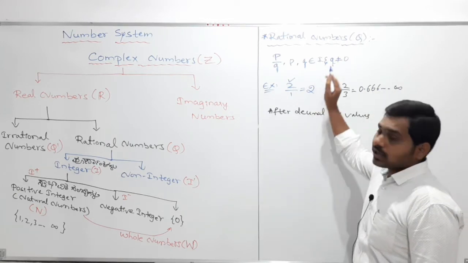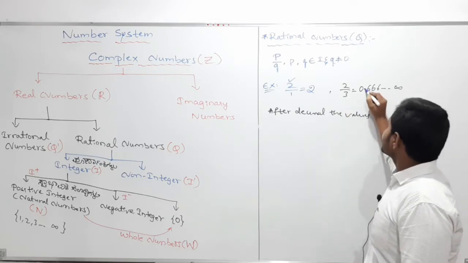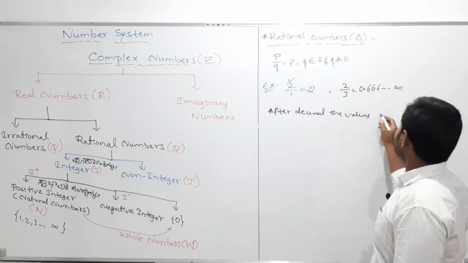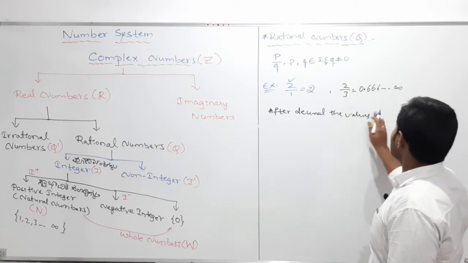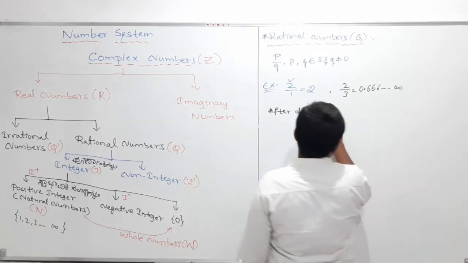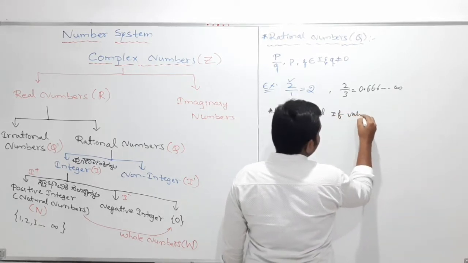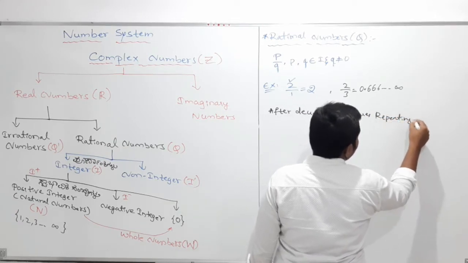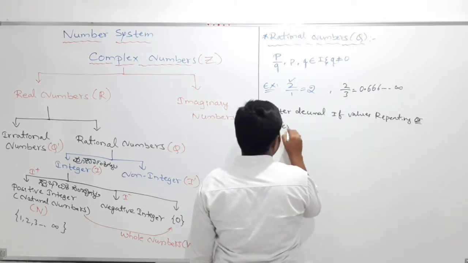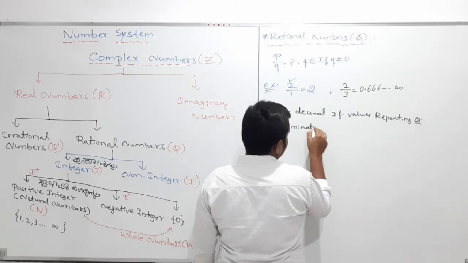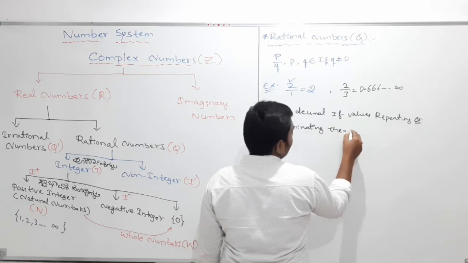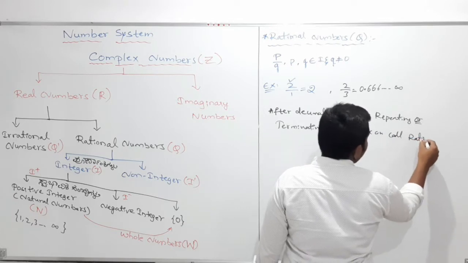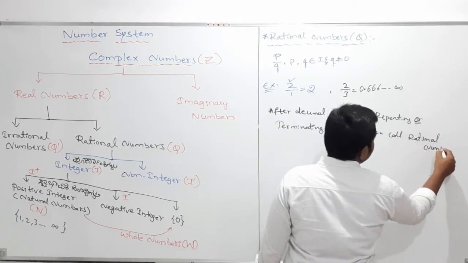So another definition for a rational number is: after the decimal, if the values are repeating or terminating, then we can call such numbers rational numbers.